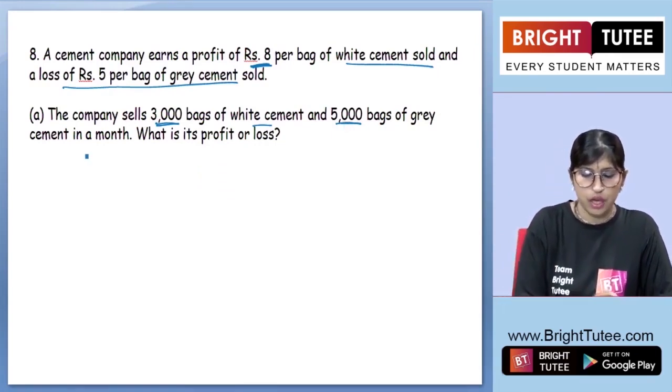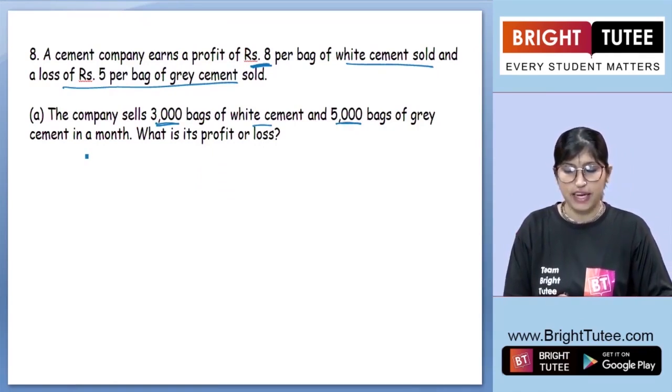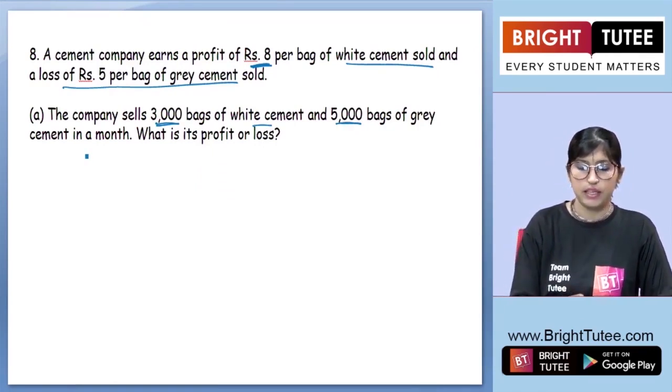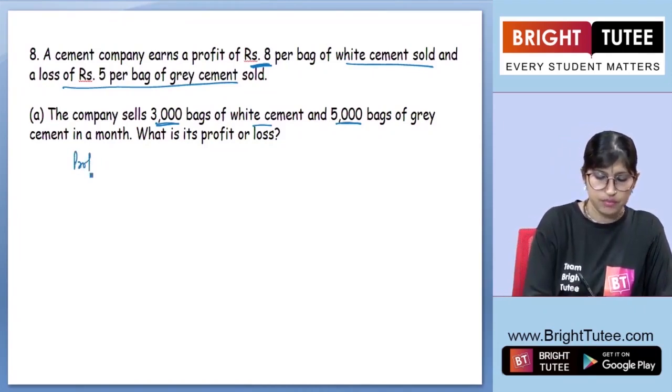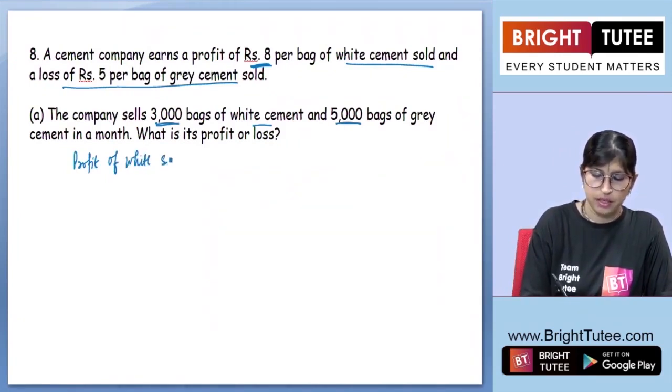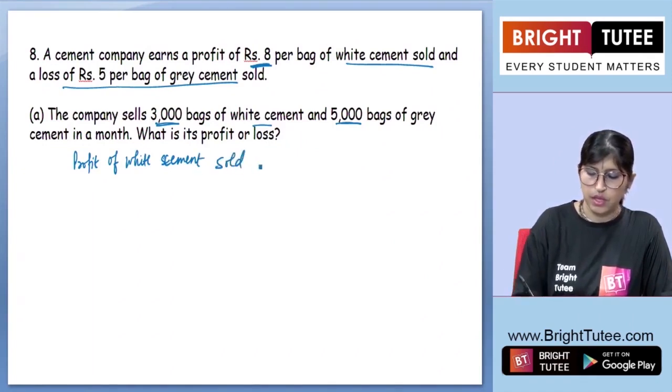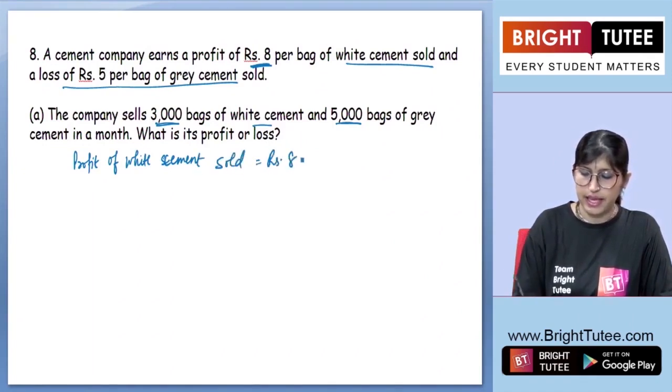The company sells 3,000 bags of white cement, and we know that it earns a profit of ₹8 per bag. So the profit of white cement sold is ₹8 per bag.